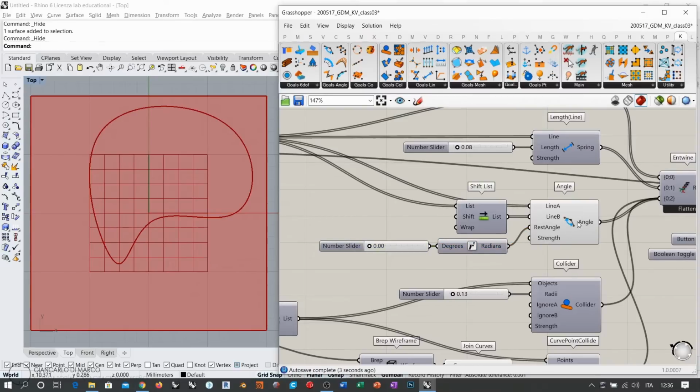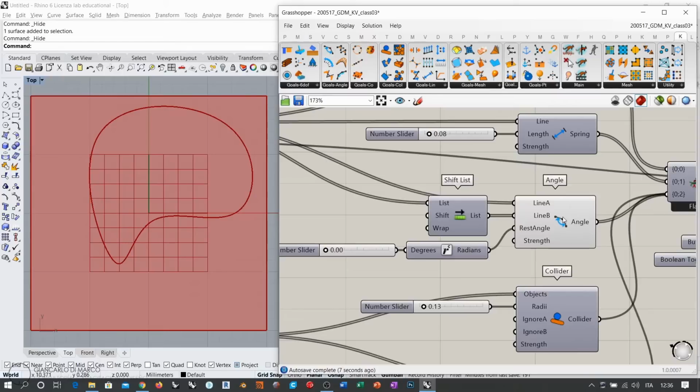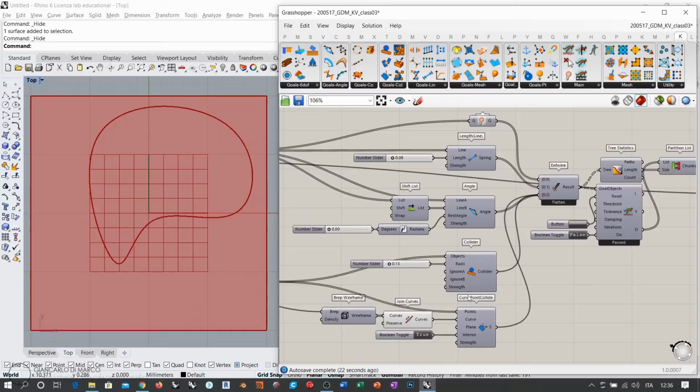Remember that this is not setting a limit. This is actually forcing two segments to form an angle with exactly this value. Well, of course, according to the strength that we give to this component here. Soon after implementing this behavior, we are going to talk about the strength of these things here.